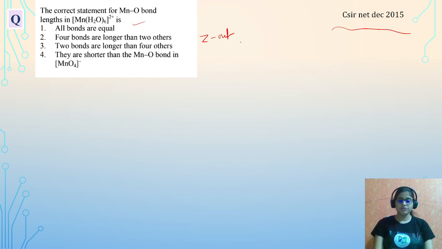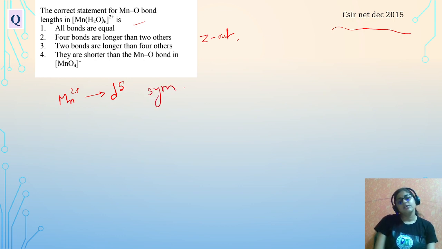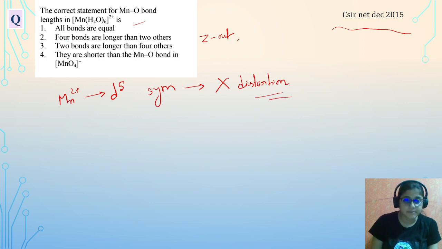In the case of Z in also, but in that case the Z axis bond length will be less than the others. So Mn2+ is again d5, so symmetrical filling doesn't show any distortion. All bond lengths will be the same. This will be the correct option.